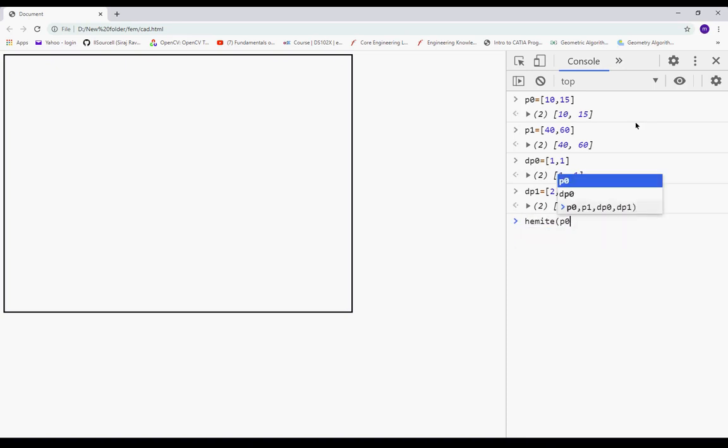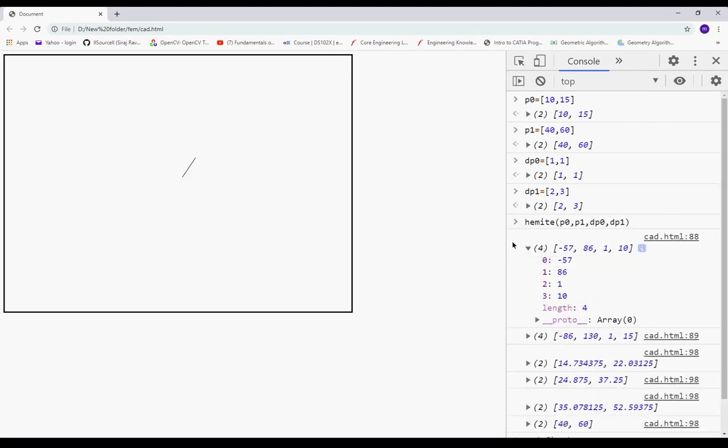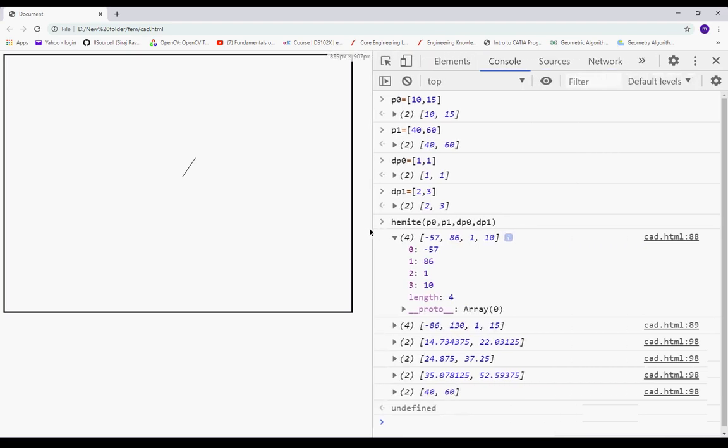So Hermite P0, P1, DP0, DP1. So you have those values.